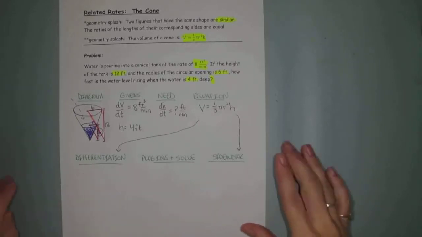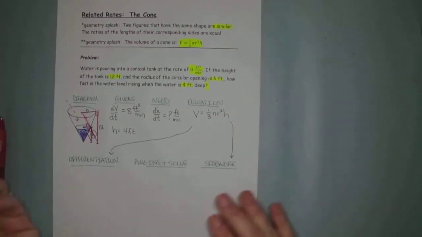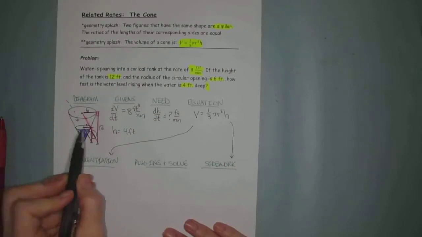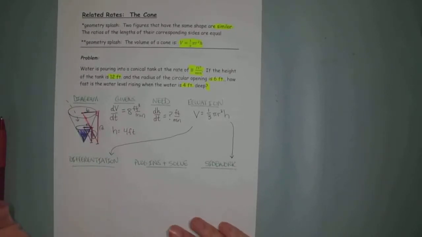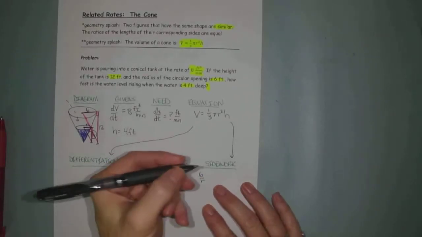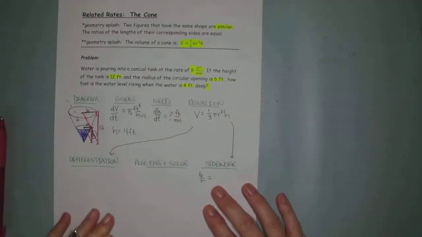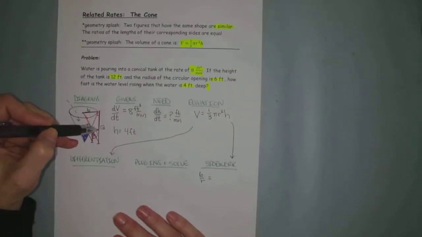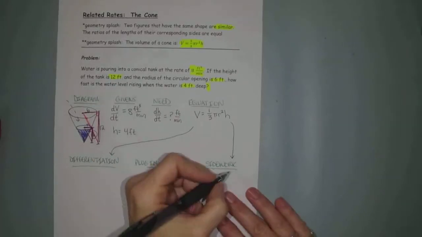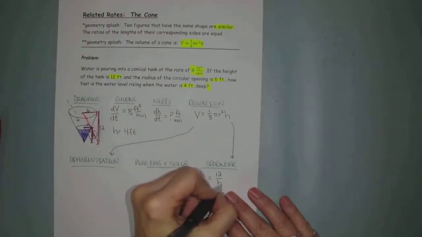So my side work is going to look like this. I can say that 6 is to r, so I'm going to set that up, 6 over r is equal to 12 over h. You probably remember doing this in geometry.